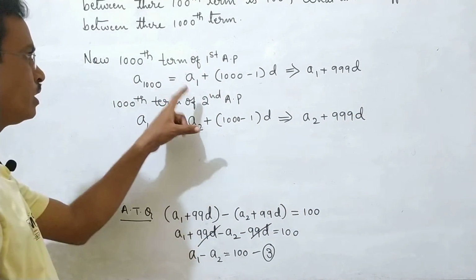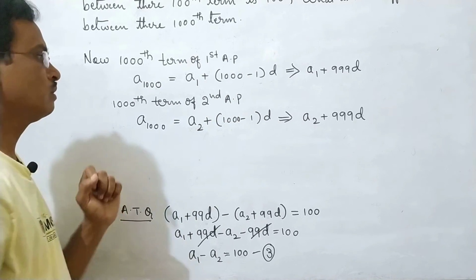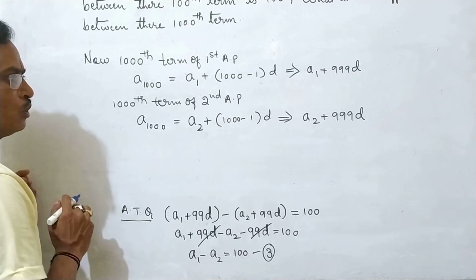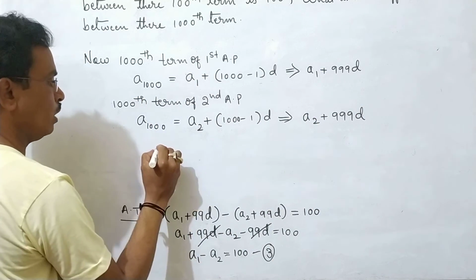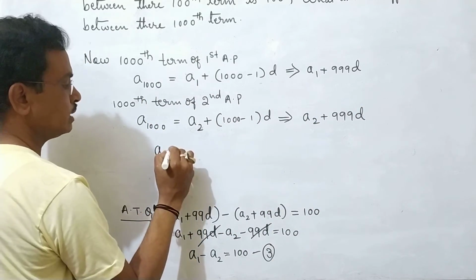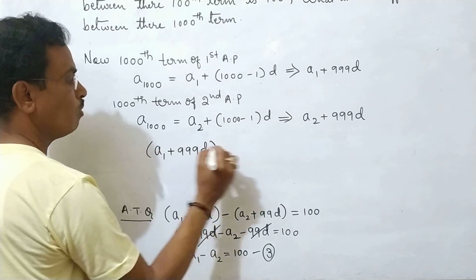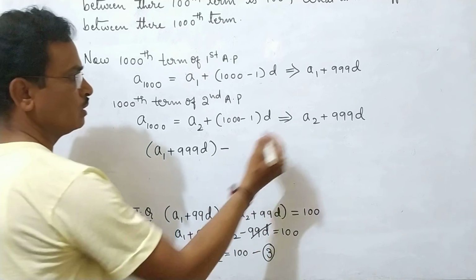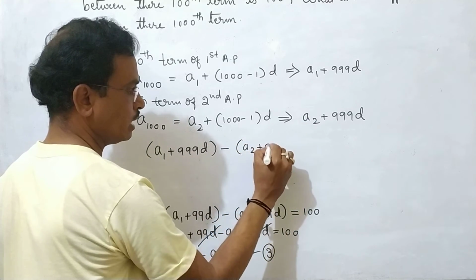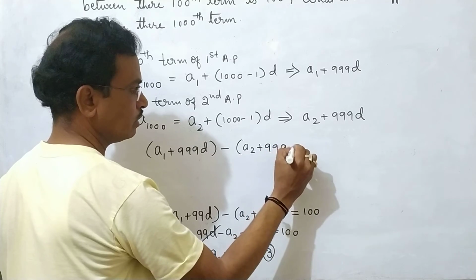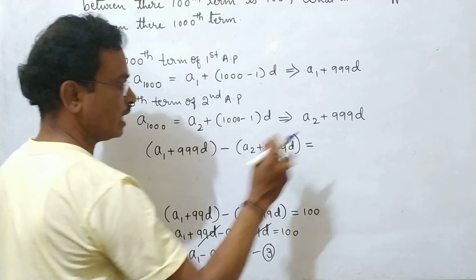Now we should find the difference between the thousandth terms of the two arithmetic progressions. The thousandth term A1 plus 999D minus A2 plus 999D.